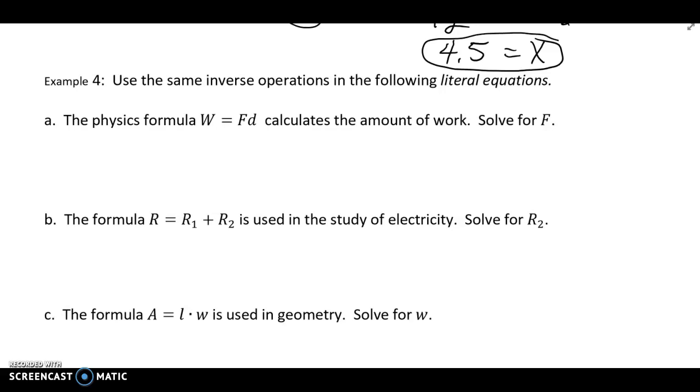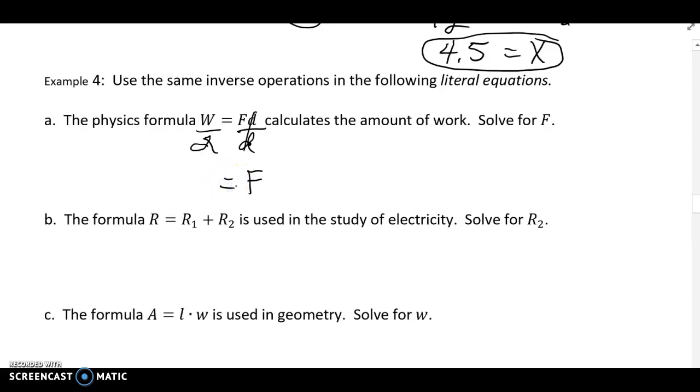To do that, we need to get rid of D. Because it's multiplication, the way we're going to get rid of that D is to do the inverse, and the inverse of multiplication is division. So we are going to divide both sides by D. That's going to get F by itself.